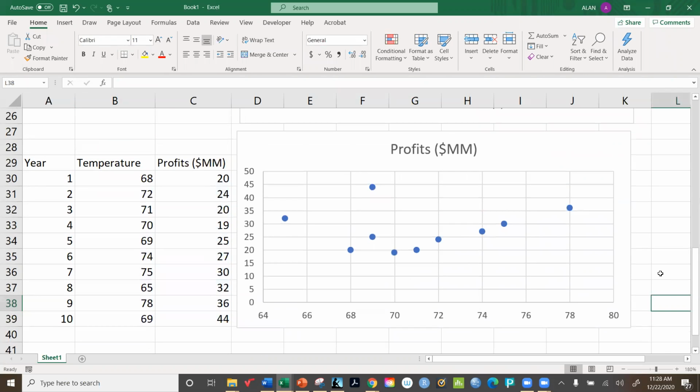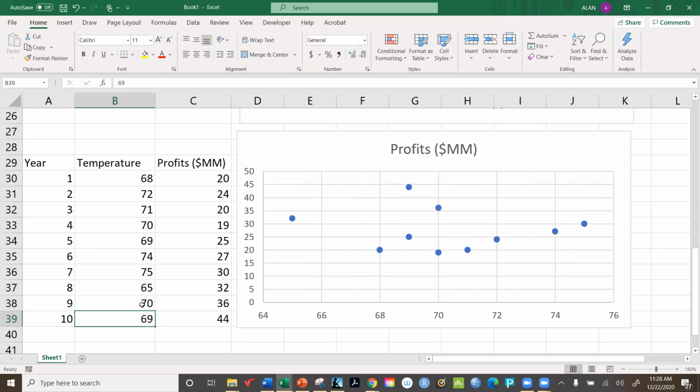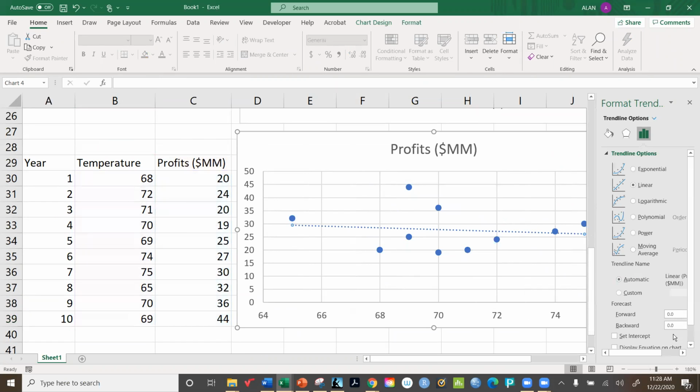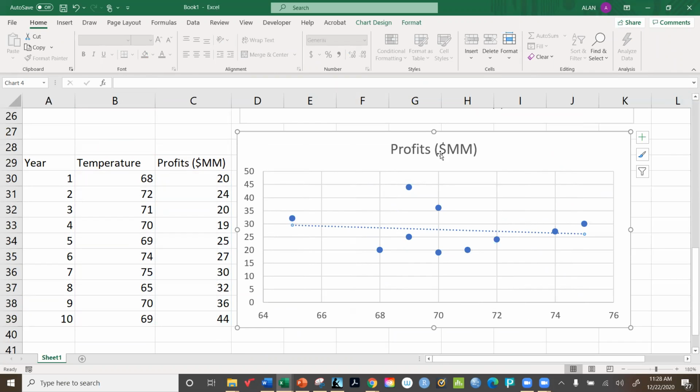Let's see. All right, that's not too bad. Let's put in a trend line. It should be more or less flat. Yeah, that's good. Okay, and so once again, this is scatter plot.